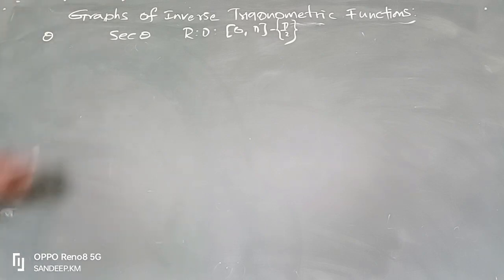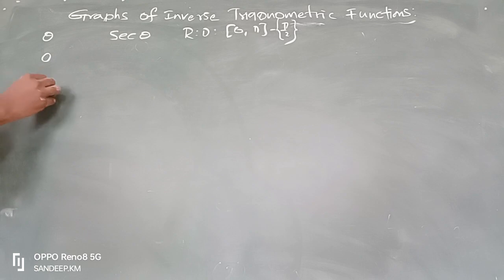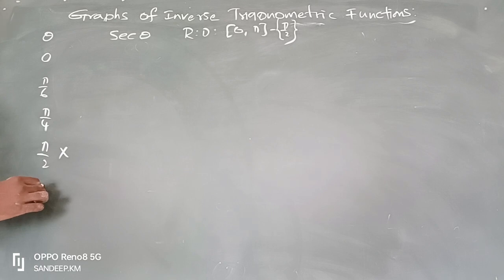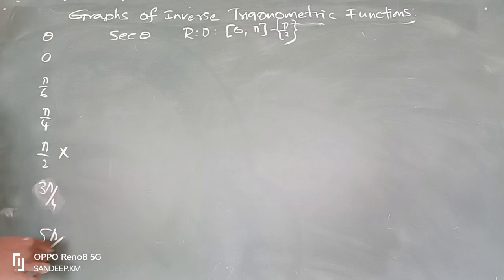Some inputs: 0, pi by 6, pi by 4. I cannot take pi by 2. Remember this. Then 2 pi by 3, 3 pi by 4, 5 pi by 6.